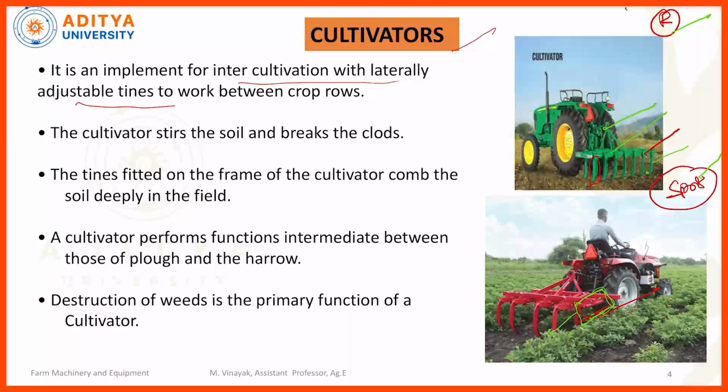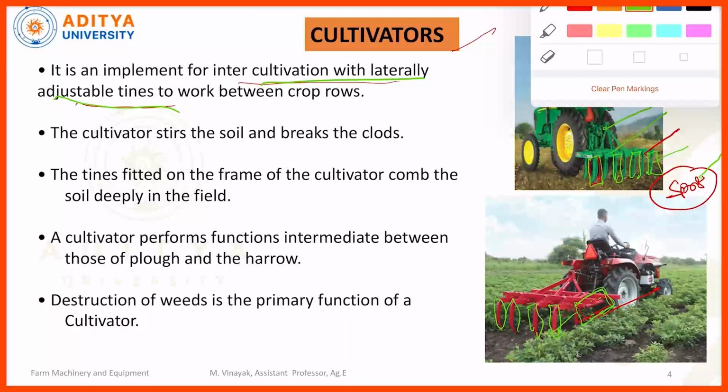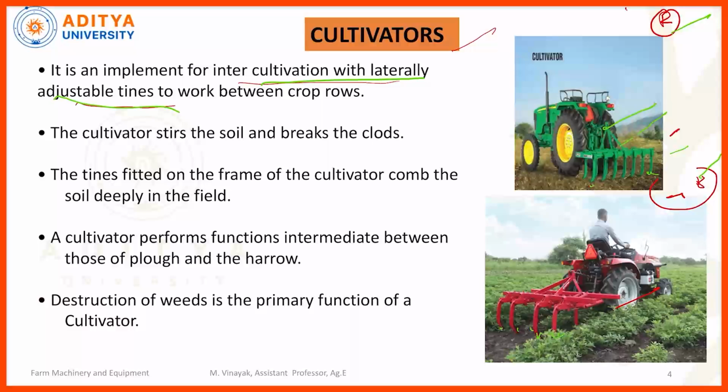It is mainly used for intercultural operations with laterally adjustable tines. These shanks are also called tines. These tines are adjustable, so based on the intercultural operation we can adjust them. This is one tine, two tines, this is another tine, and this is another tine. Based on the operational requirement, we can change the tine spacing.